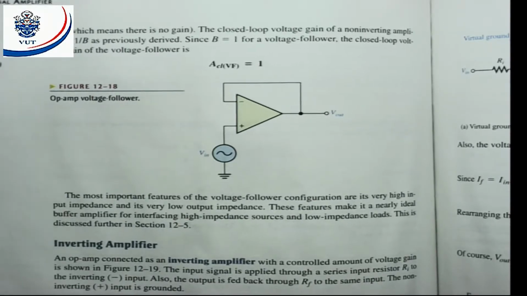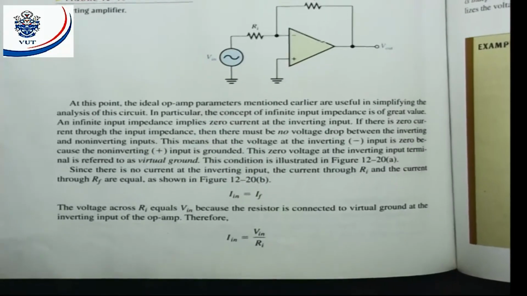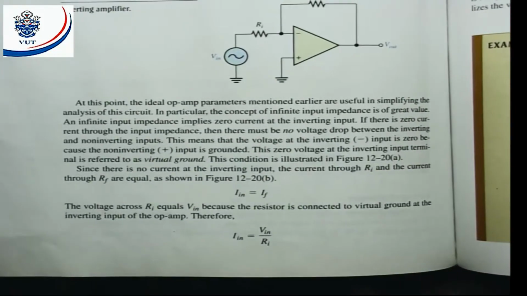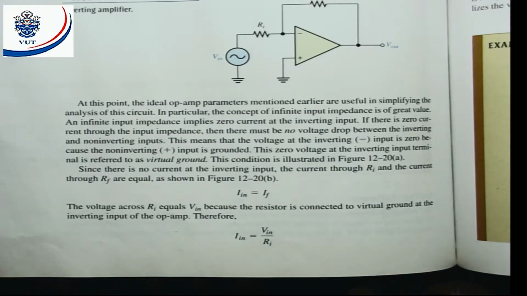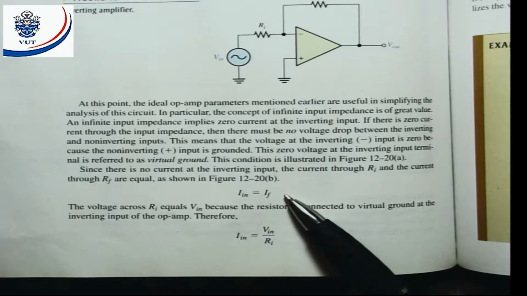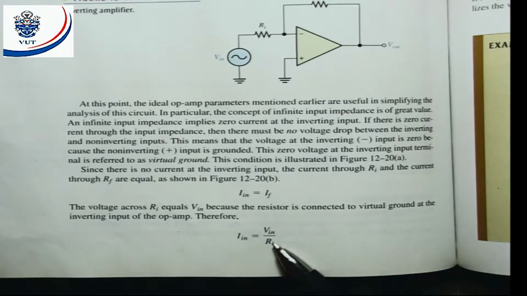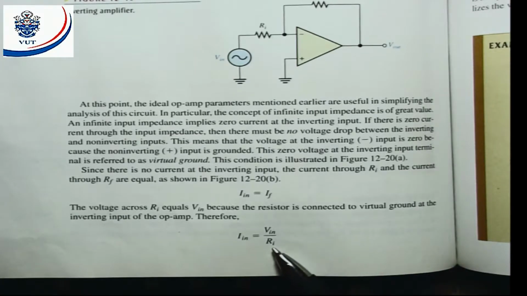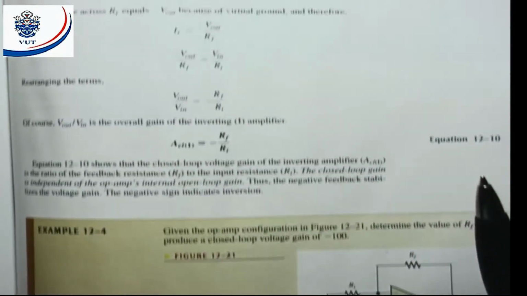And now we can look at the inverting amplifier. First of all, they state there that I-in is equal to IF. I already mentioned to you the input current and the feedback current are equal. The input current is equal to the input voltage divided by R in. We did that.